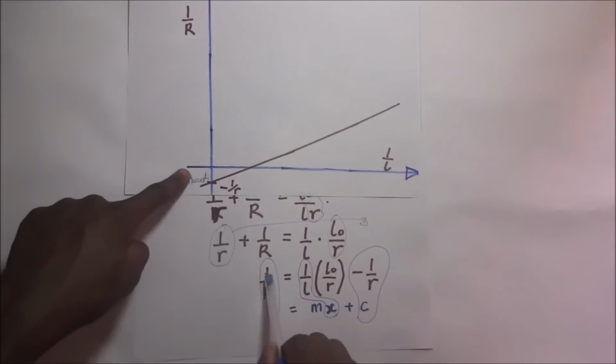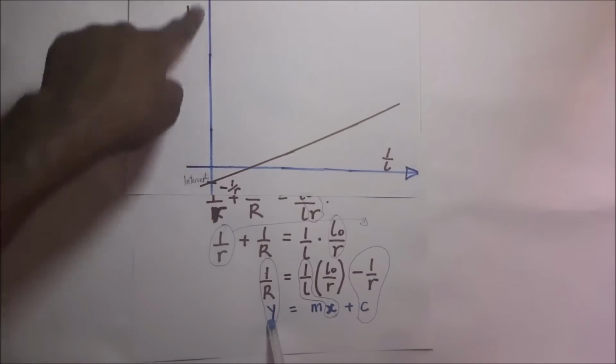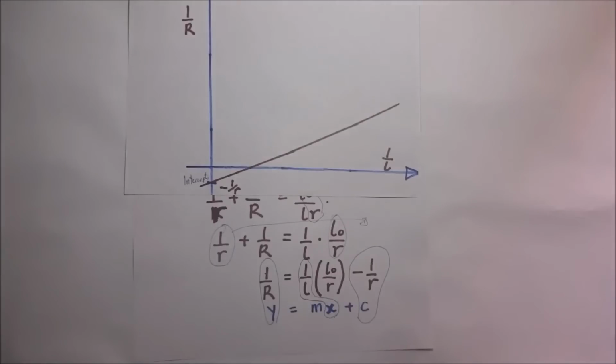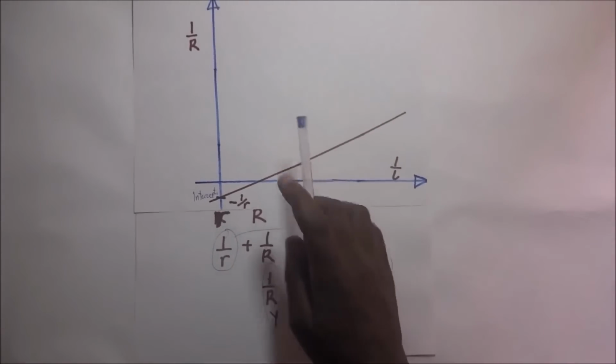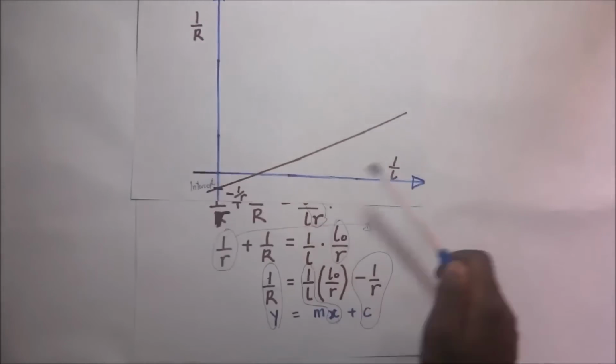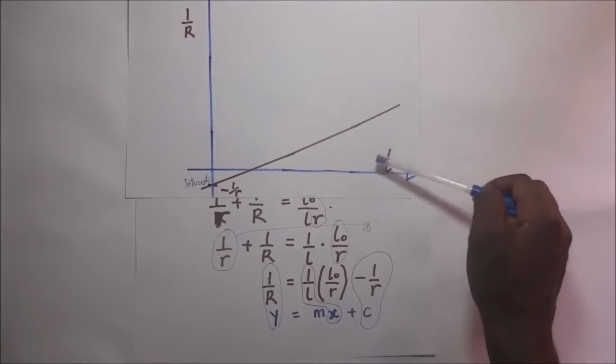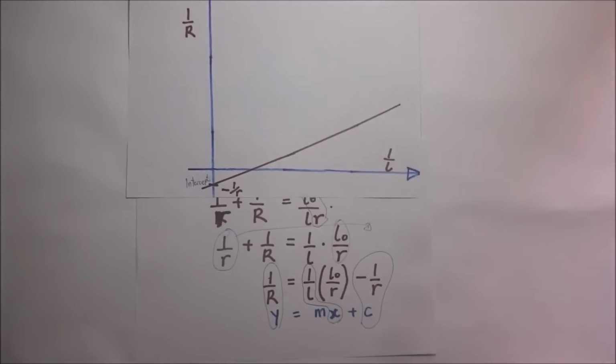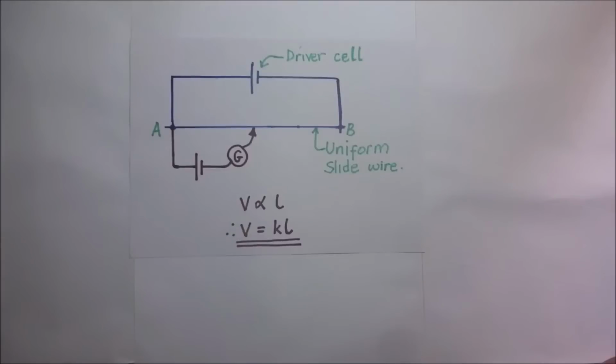And our value of y is 1 over capital R, which is right there. So when you are tabulating your results, make sure that in your table of results you include values of 1 over capital R and 1 over L. And that is how we get the internal resistance of a cell using a potentiometer. The principle of a slide wire potentiometer.